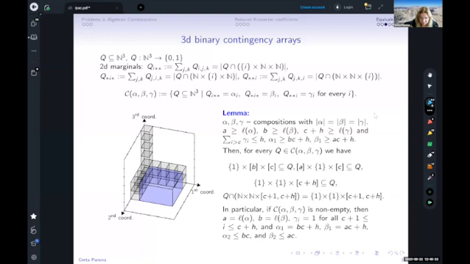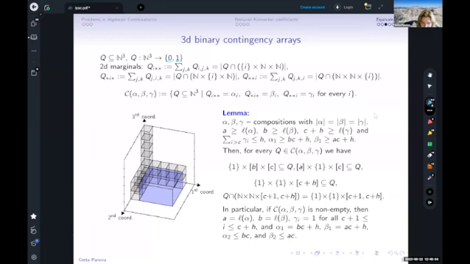We are going to look at point configurations, which I call 3D binary contingency arrays, meaning that we have a 3D table with entry 0 or 1, which we can also identify as points in three-dimensional space, or these cubes as in the picture. So whenever we have a 1, it means that we have the point, and when it's 0, we don't have that point.